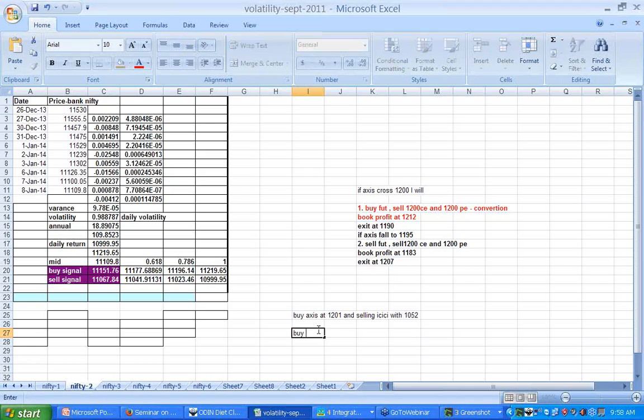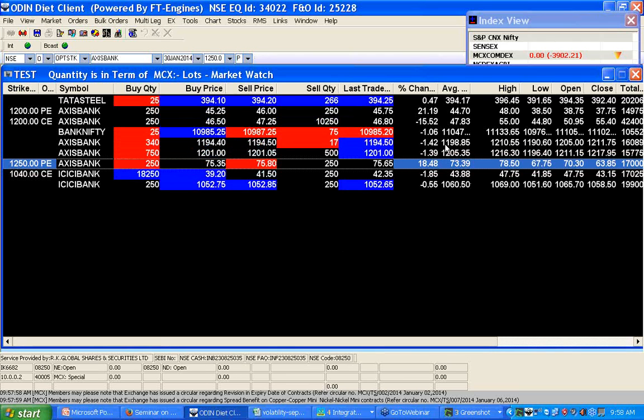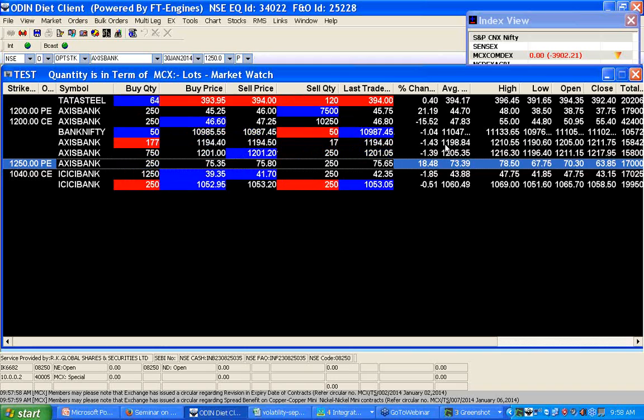So buy the 1250 put option of Axis at some 75, it is saying, and buy the 1040 call option of ICICI at 40 rupees. So let us see for the intraday trade how much it is going to give us.